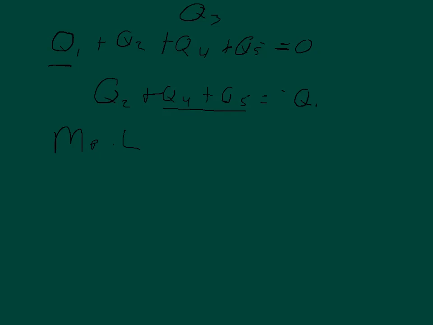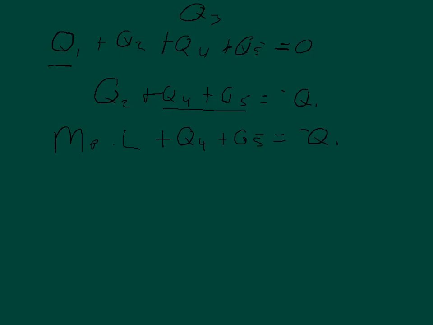So we know the change of temperature for Q4 and Q5: they both started at 27, they went to 0, so their change of temperature is negative 27. So we can easily calculate Q4 and Q5. So plus Q4 plus Q5 equals negative Q1. And then we would just subtract over Q4 and Q5, but we would solve for what they are first.